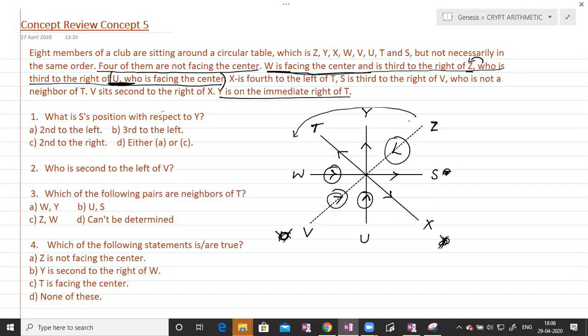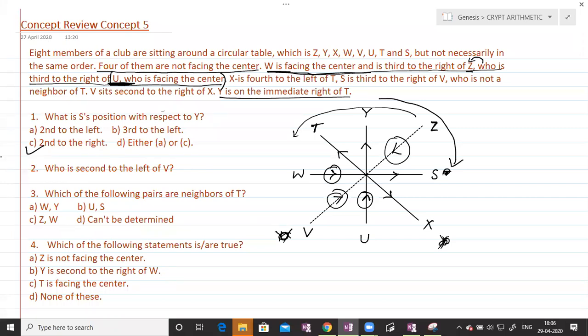So now here to here, right? With respect to Y, while looking away from the center, it means S is the second right of Y, right? Second right of Y. It means option number C, second to the right of Y. So option number C.